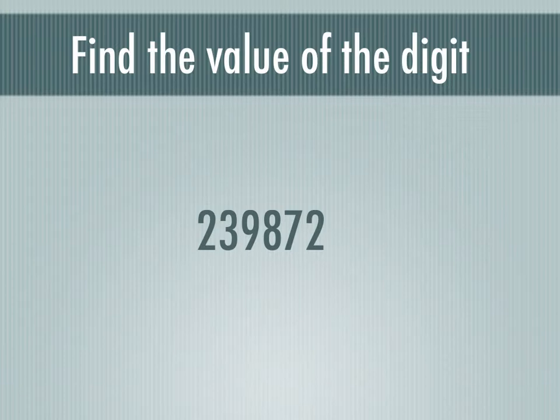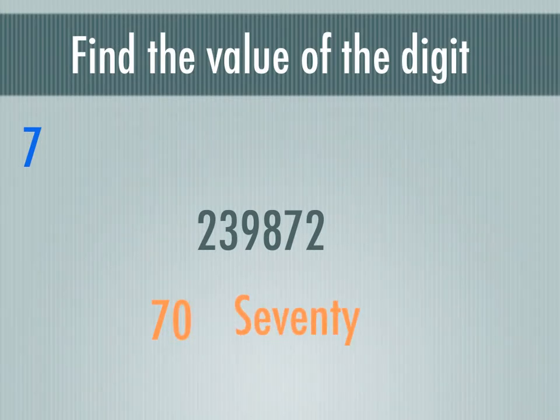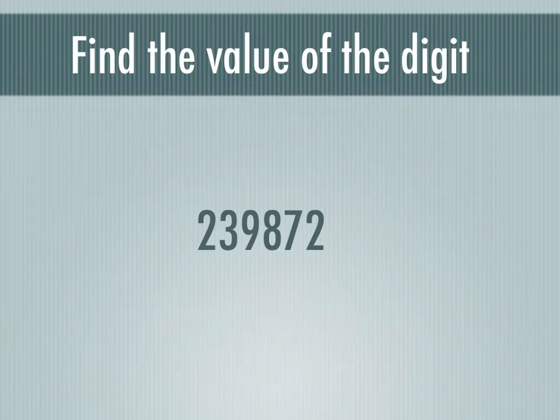Let's keep going. We've been playing with place value. Can you find the value of the digit 7? Did you say 70? 70 is correct. The 7 is in the tens place. Let's look at the same number.